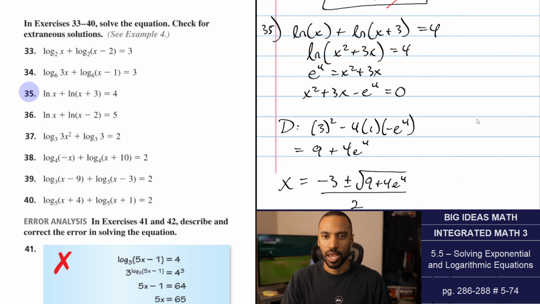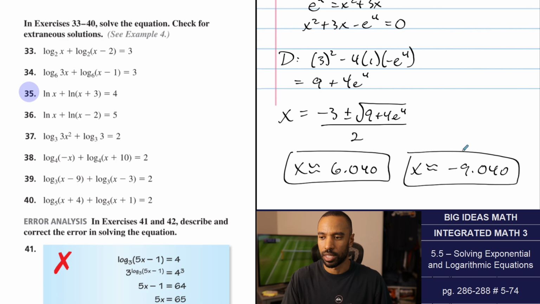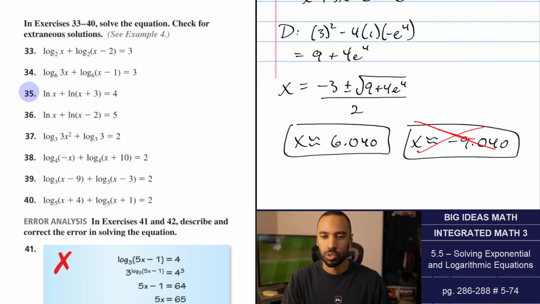So in terms of double checking these answers, that negative 9 one won't be working out for us because that'll get logs of negative numbers from the original problem. So just the 6.040 is the only one that I really care for as an answer.